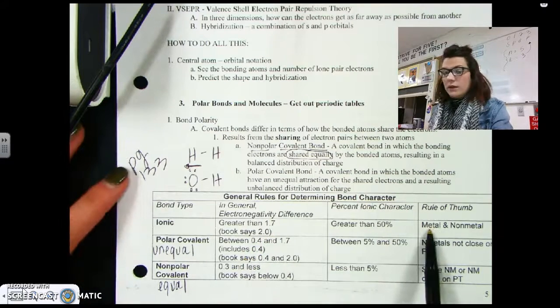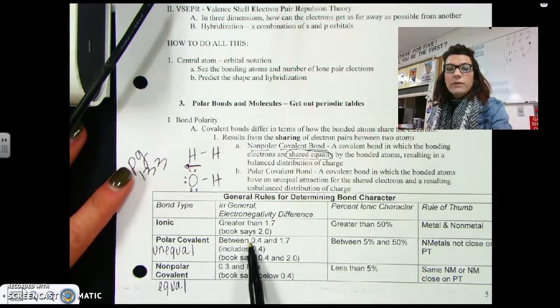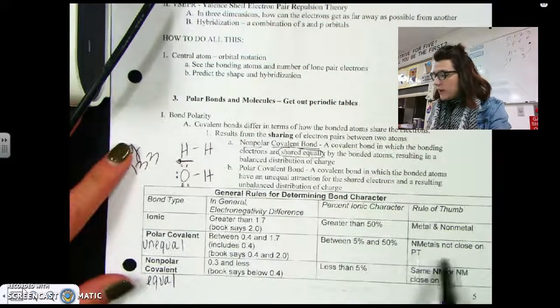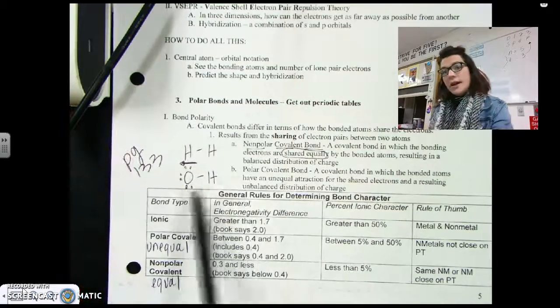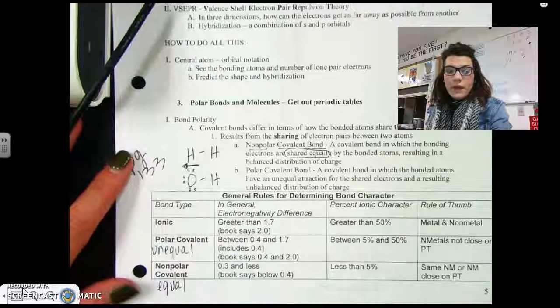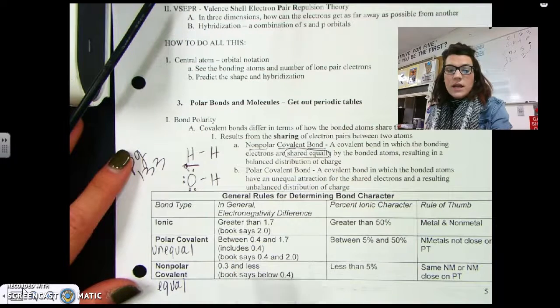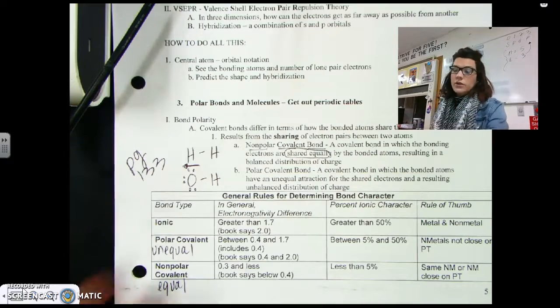So most of the time, metal and a nonmetal. Polar covalent, we're going to be looking between 0.4 and 1.7 difference, and then this is going to be nonmetals not close on the periodic table. So for instance, oxygen and hydrogen aren't close to each other, therefore we would consider that being polar. And then nonpolar is going to be 0.3 difference or less, and this is going to be the same nonmetal, or they're really close to each other on the periodic table.